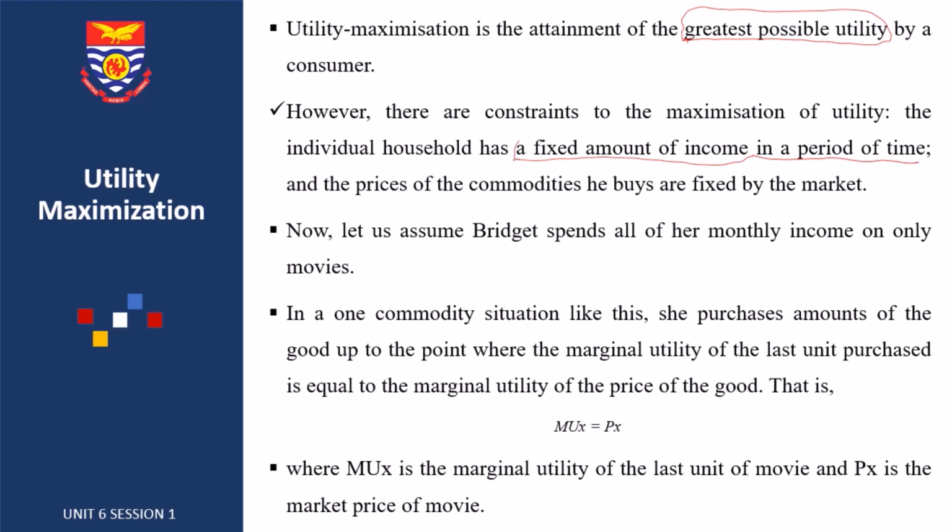So the satisfaction or the utility of consuming something is subject to the income of the household. We also look at the prices of the commodities that the person can buy, and we say the prices are fixed by the market. So when you are asked the constraints, we should be able to state them. So these constraints limit the utility that one can actually obtain.